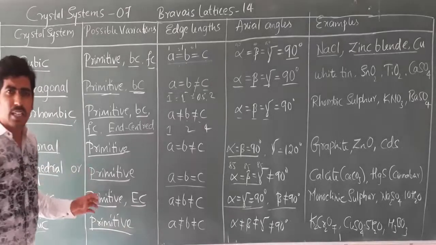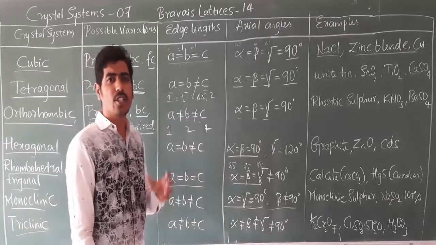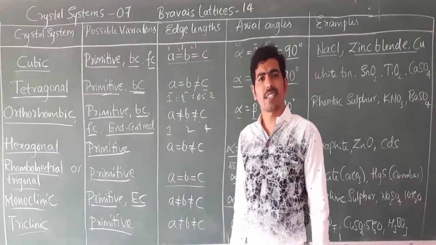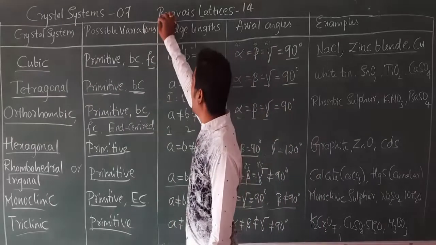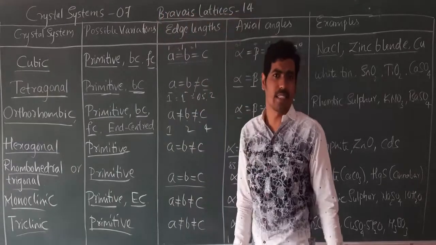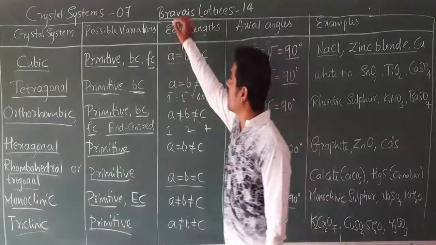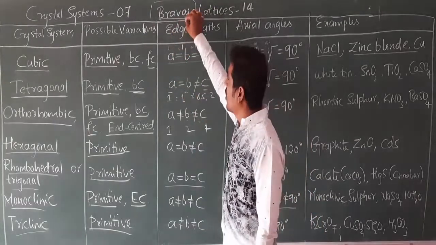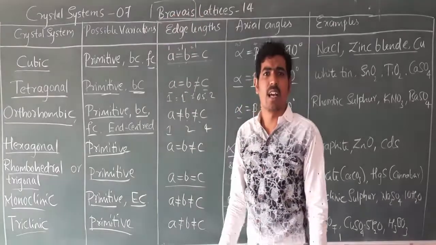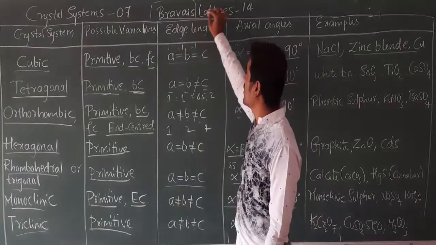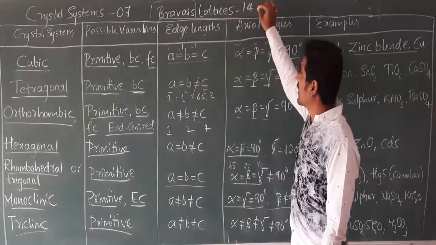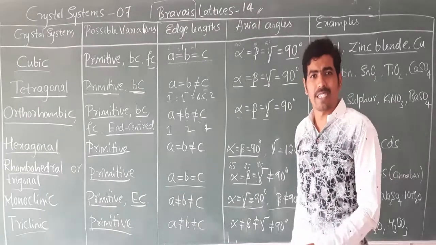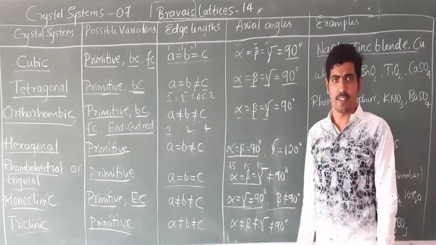So there are totally 14 possible variations of crystal lattices obtained, and those lattices are known as Bravais lattices. So this is the name of the scientist, Bravais. He obtained these, and hence they are named Bravais lattices, and there are totally 14 possible Bravais lattices.